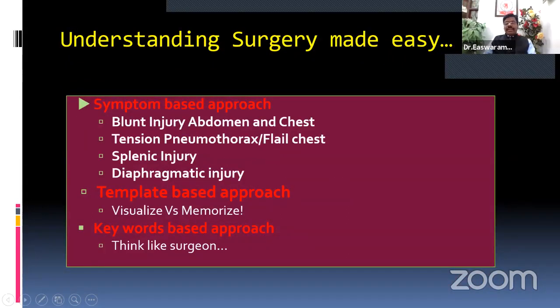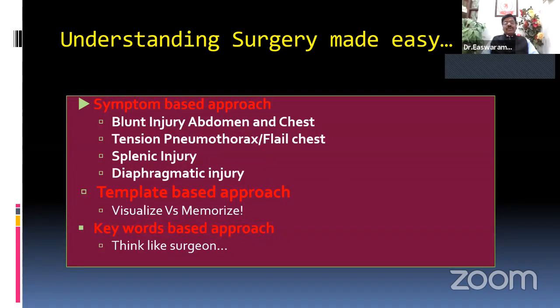And as I said repeatedly, our approach is a symptom-based approach. So here we are going to see a few patients who come following a fall from a height or after a road traffic accident with one of these 4 different types of injuries. We are going to visualize that patient, like a template. If a patient comes, what will you do first? A primary survey.